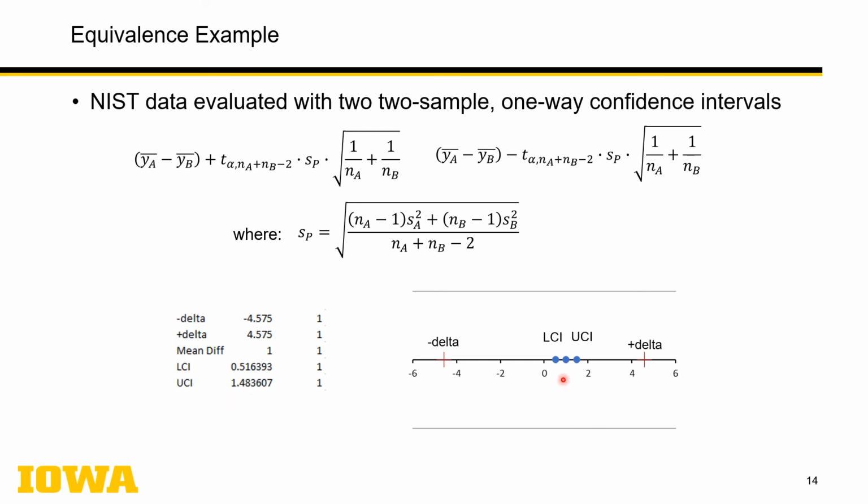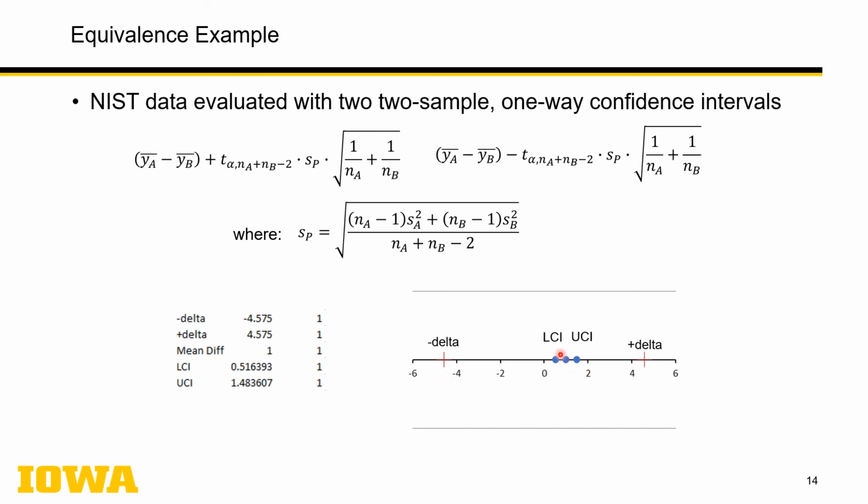So we go ahead and plot those on a line here just to make them visual. You can see that the LCI is very close to, in this case, the mean, as is the UCI, in relation to how the deltas were established. We're way out here at positive 4.575 and negative 4.575.